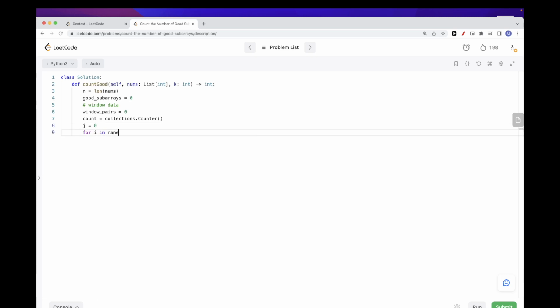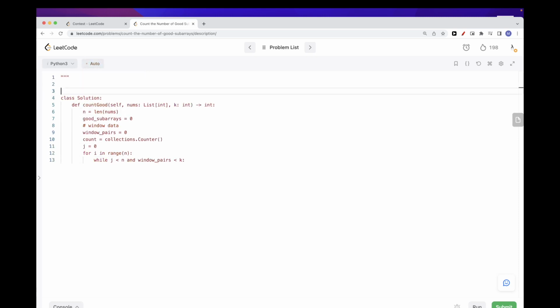Now we will do a for loop for I for collapsing it. But for the expand, we'll use a while loop. So while J is smaller than N, and the window pairs are not yet making the window good, which means they are smaller than K. Basically, this is because the problem says good means window of pairs are bigger or equal to K, okay?